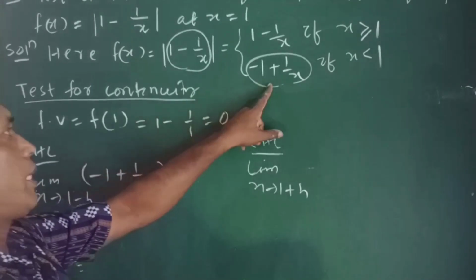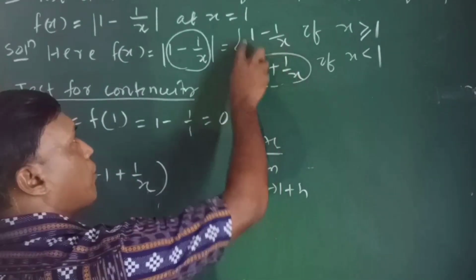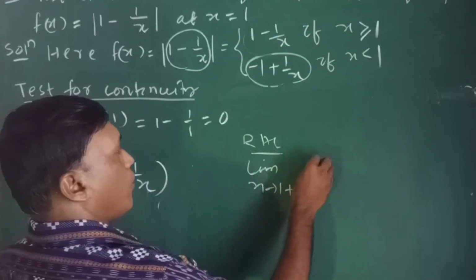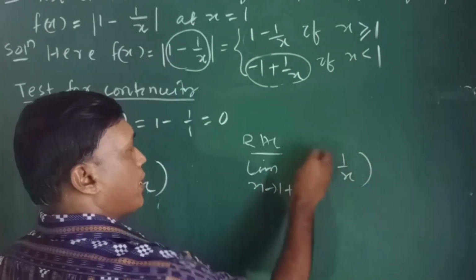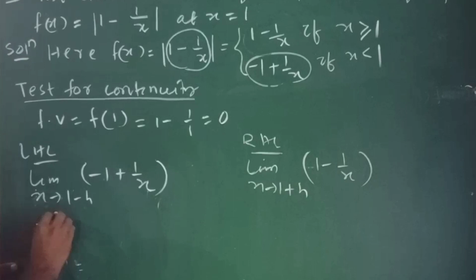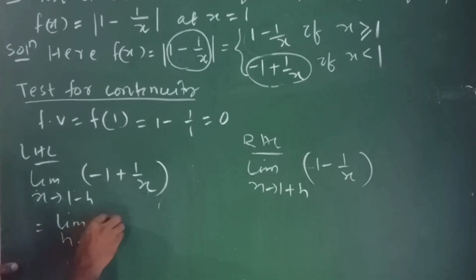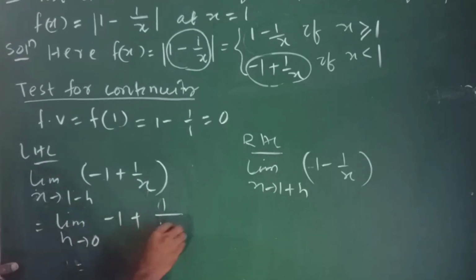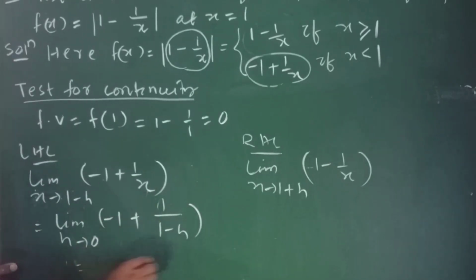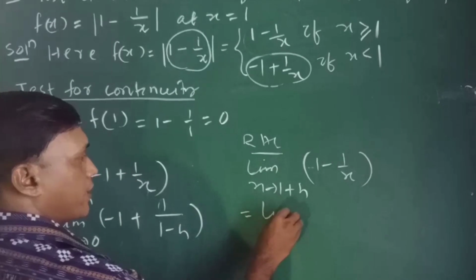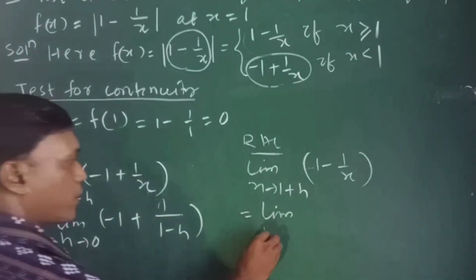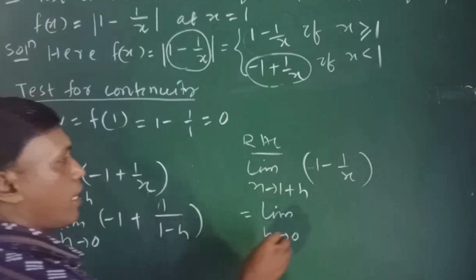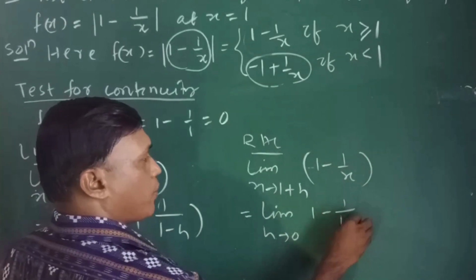This will give the left hand limit, and the right hand limit will be found from this value, that means 1 minus 1 by x. And the second step, I said, put limit h tends to 0, and in place of x in minus 1 plus 1 by x, how much will we put? 1 minus h. And here we have to take similarly, here h tends to 0, here also h tends to 0, and 1 minus 1 by 1 plus h.